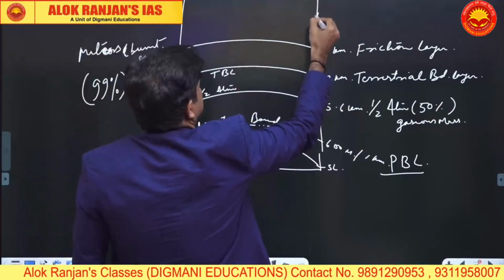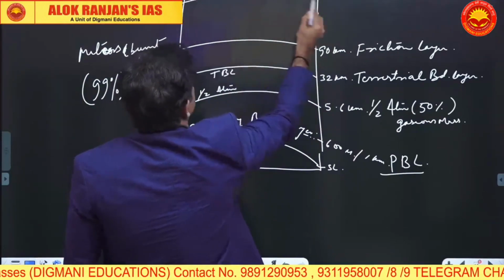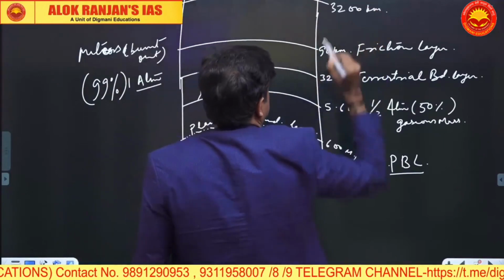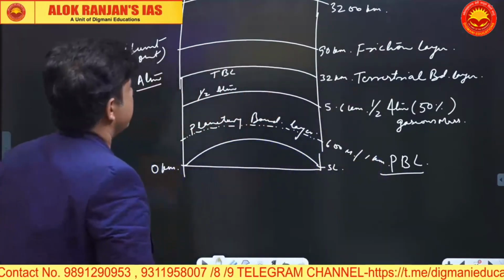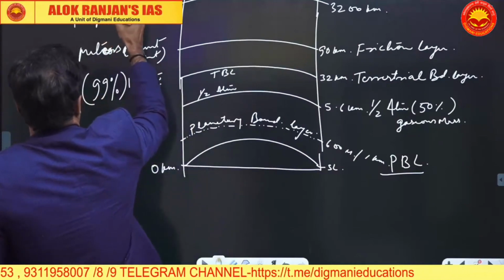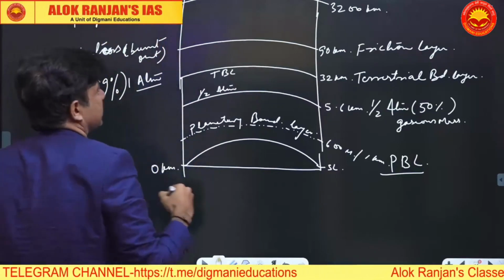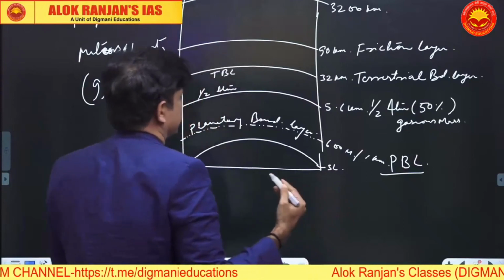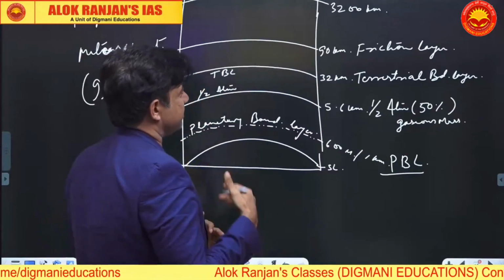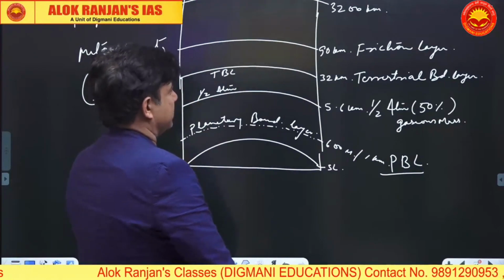Then you have the outermost layer, that is 3200 kilometers. This is Earth's magnetic boundary, because the Earth's magnetic flux will repel the magnetic waves coming from the sun.